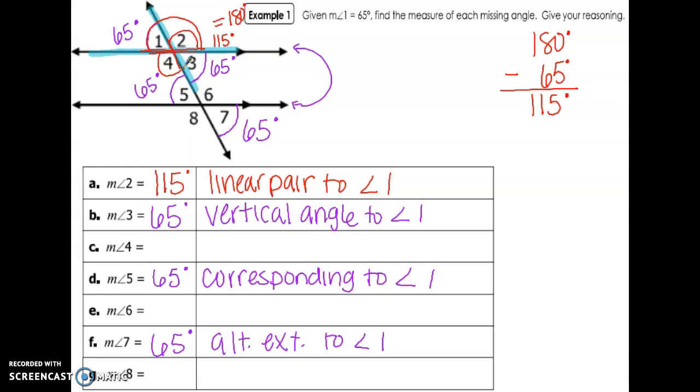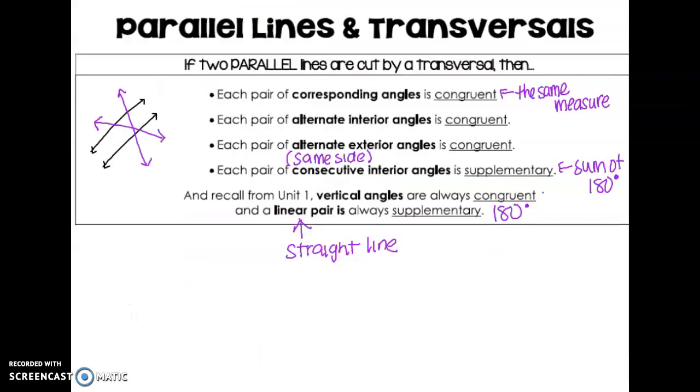So right away, without doing anything, I can say this also measures 115 because it's vertical to angle 2. And I could go through that same checklist that we have here on the first page, but now based off of angle 2.